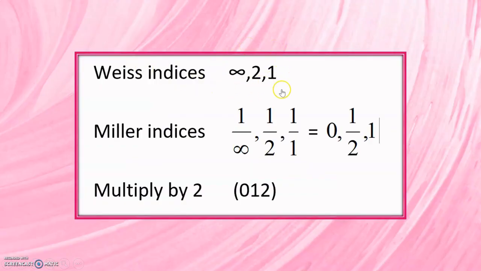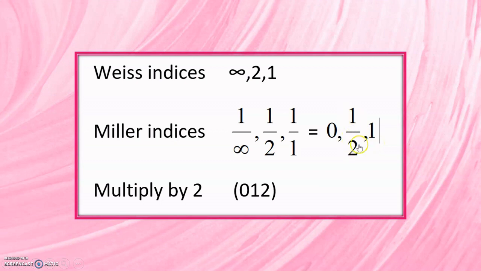So here the Weiss indices are infinity, 2 and 1, as given in the question. The reciprocals are 1/infinity, 1/2 and 1/1. 1/infinity is 0 and 1/1 is 1. So 0, 1/2 and 1.